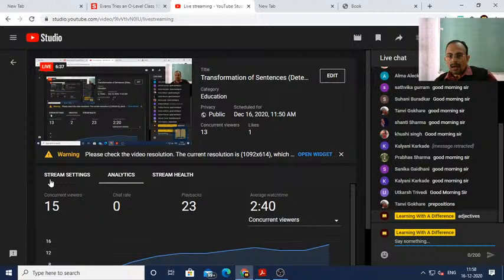Whereas if I say I have a beautiful pen, the word beautiful is an adjective and it describes the noun. What kind of pen is this? It is a beautiful pen. So adjectives describe the noun, whereas determiners determine the number or quantity of a noun. This is the difference between a determiner and an adjective.